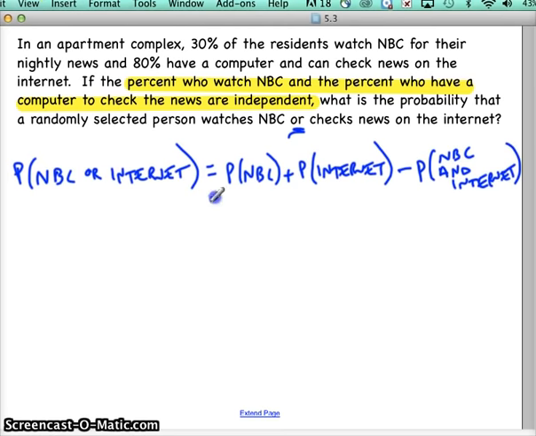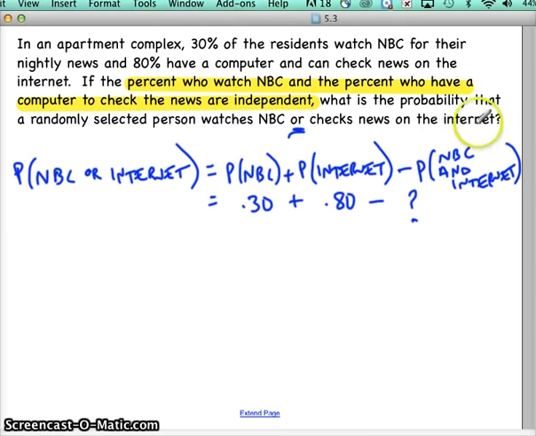Okay, well, they told us the probability of NBC was 0.30. They told us the probability of just using the internet was 0.80, but they did not tell us anything about NBC and the internet, people who can watch on their TV and on the internet, on their computer.